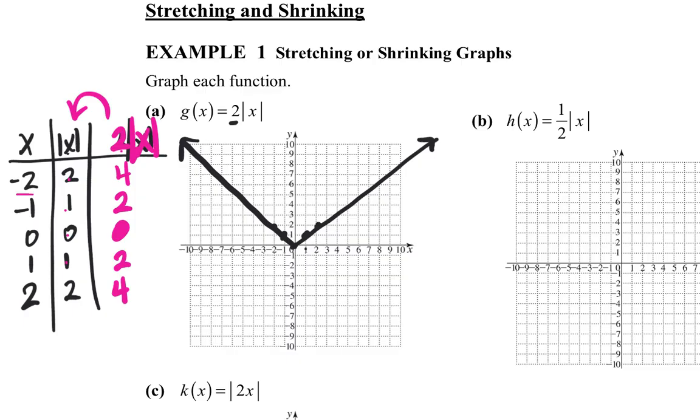Now your points are negative 2, 4, negative 1, 2, 0, 0, 1, 2, and 2, 4. And now your graph looks like this.